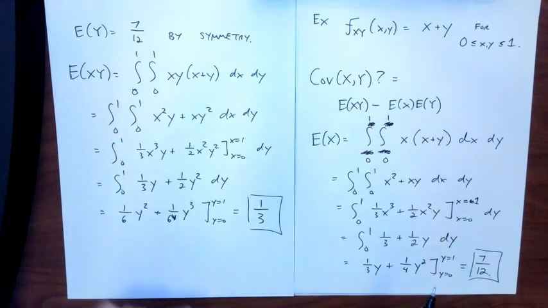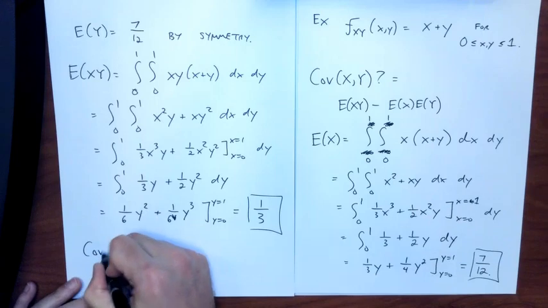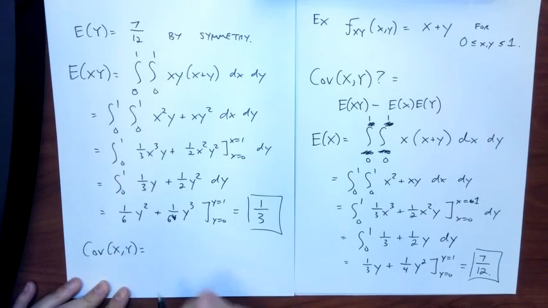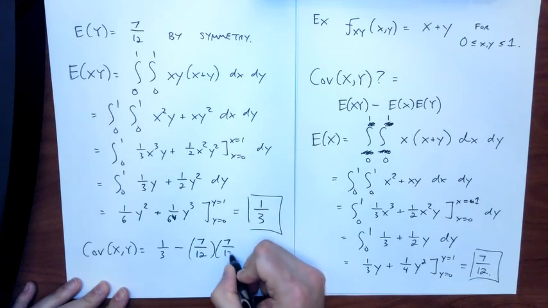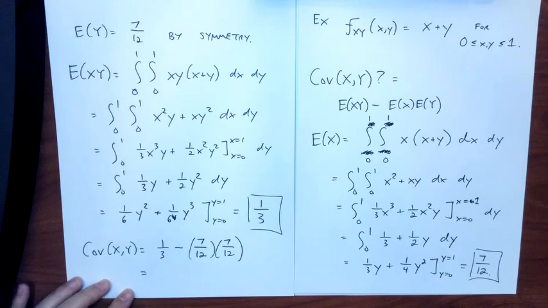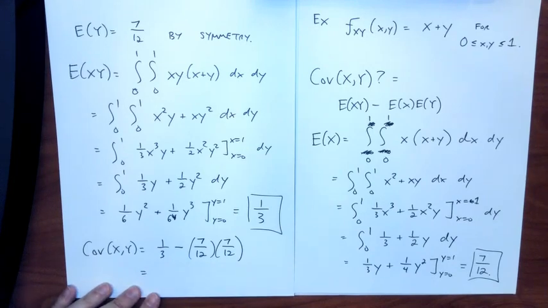So then what would the covariance be? So the covariance would be expected value of xy, which is 1/3, minus the mean of x times the mean of y. And what do I get? Did I actually not compute this here?